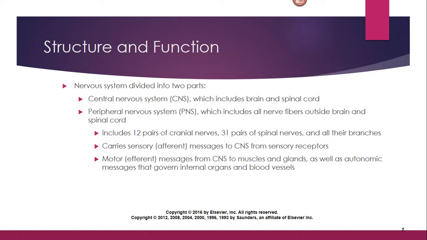So as always, we start with the structure and the function. Our nervous system is broken into two parts. We have our central nervous system, which includes our brain and spinal cord.